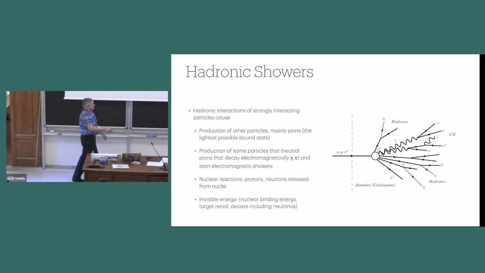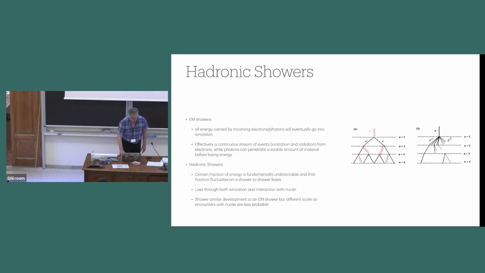That is to say that when we break up the nuclei, there's that nuclear binding energy. We don't know how much energy a priori went into just breaking up the nuclei, the recoil of the target nucleus, and also the decay of these pions includes neutrinos which escape the detector. So in principle there's energy that we can't really measure as a part of the shower process.